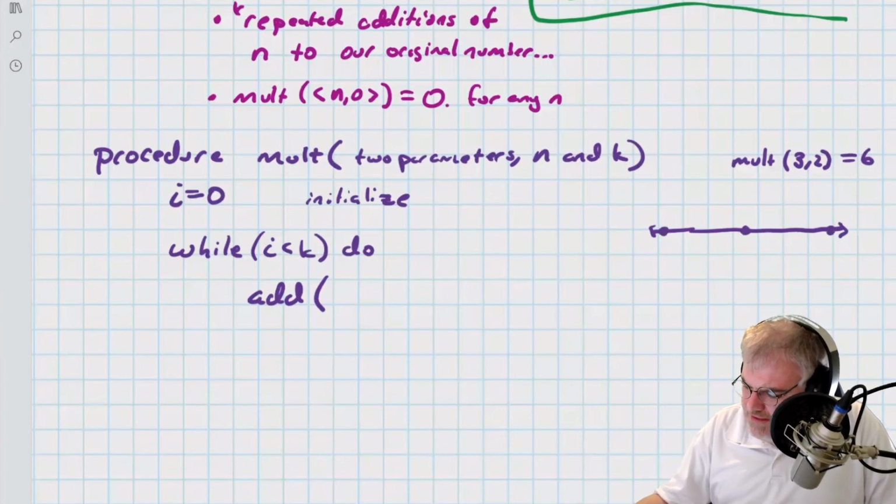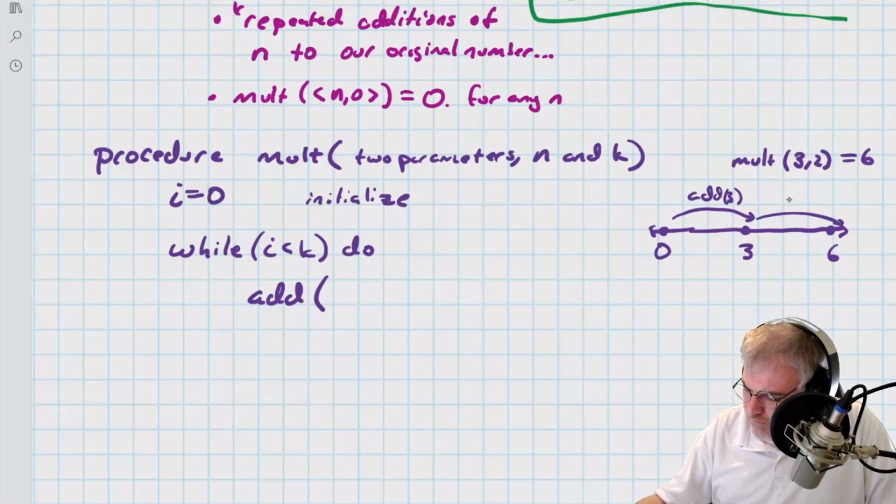So what I want this thing to do is start here from 0, go through 3, and then go through 6. So it should do this: 0, 3, add 3, 3.